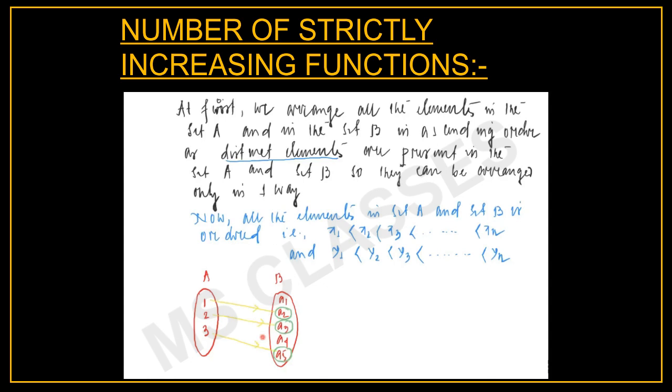After I select them, they can be mapped in how many ways? Only in one. So here also, once the elements are ordered in one way each, now we can select them.